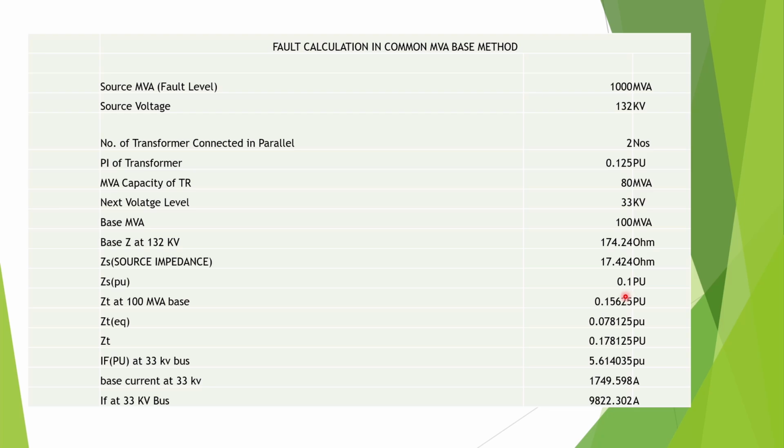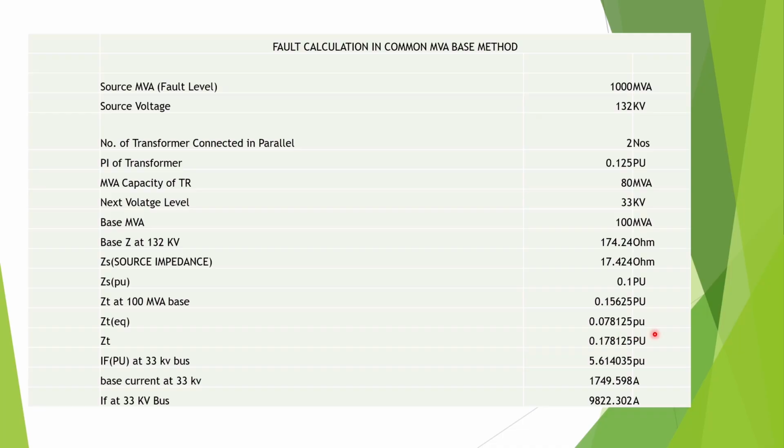The ZT, that is the transformer impedance at the 100 MVA base value, is 0.125 into 100 divided by 80, which comes as 0.15625 per unit. Since two transformers are connected in parallel, the equivalent ZT comes as 0.15625 divided by 2, which is equal to 0.078125 per unit.